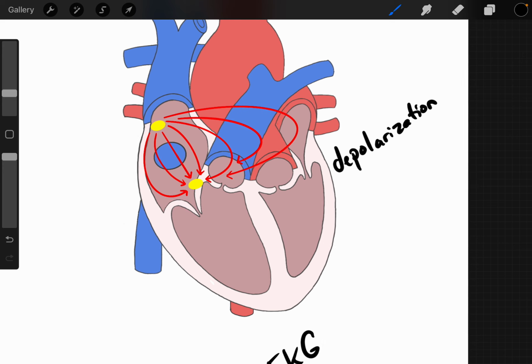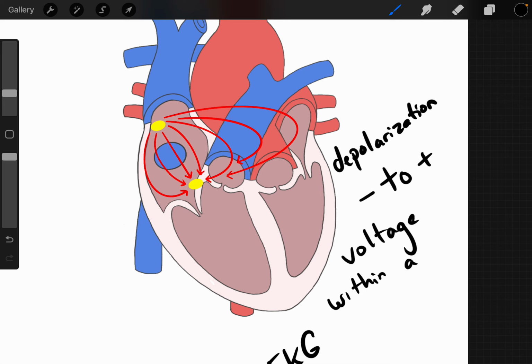So depolarization means change from negative to positive. Now, what we're changing is going to be the voltage within a muscle. So we've got different muscles all throughout our body.